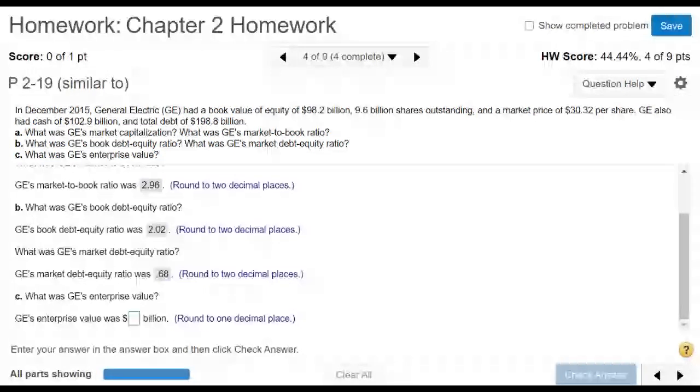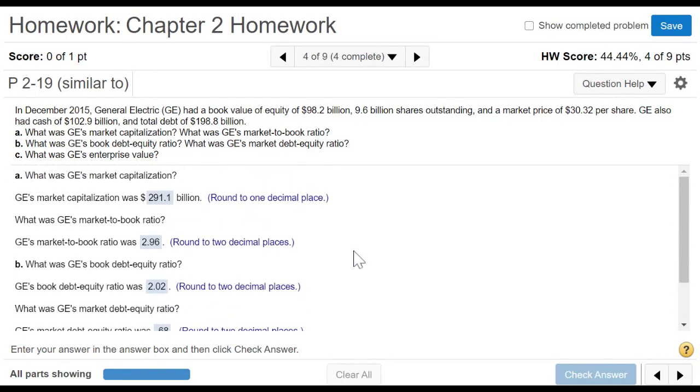Enterprise value. Come on, somebody else. Let's go. We all should be involved. Could you scroll up so I could see the market capitalization? Sure. Thank you so much.